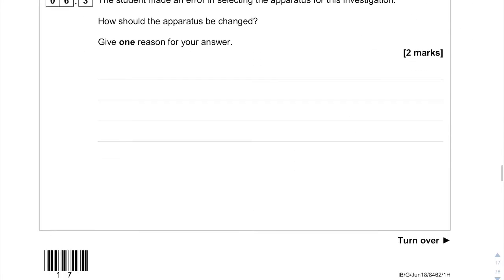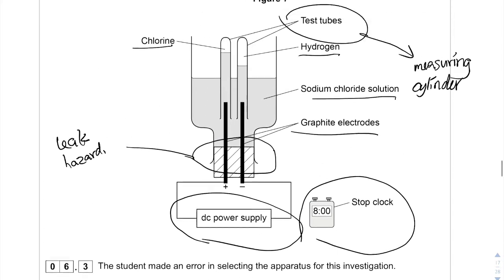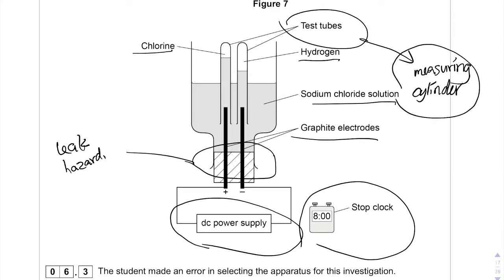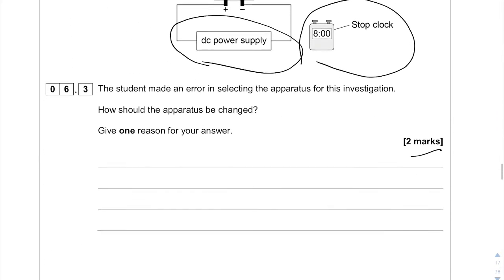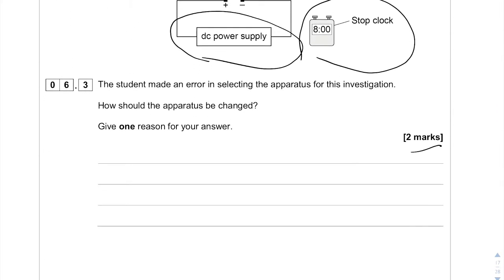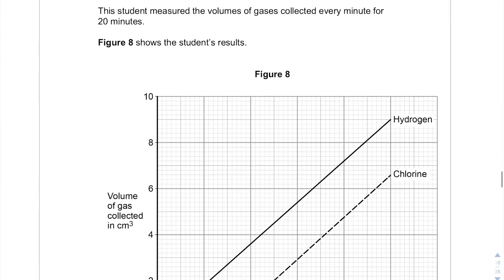One reason for your answer: 1 mark for saying it's the measuring cylinder instead of the test tube, and the second mark being that it helps you measure the volume. So that's that part.